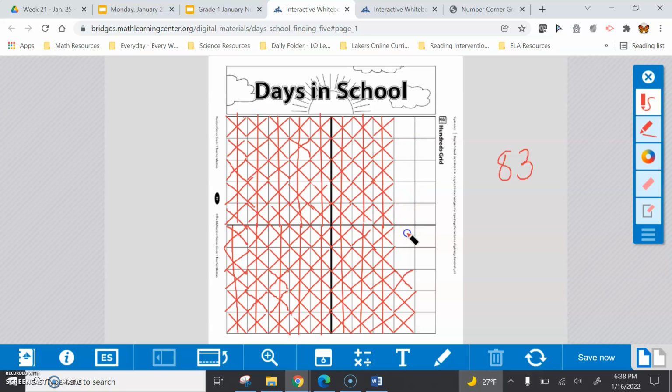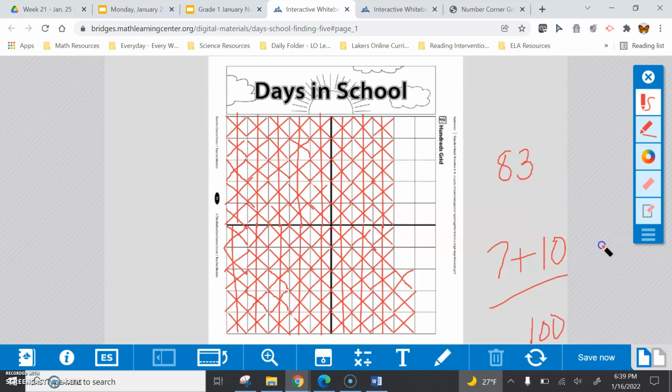And then we have 5 more up here. So that's 7 all together. 7 more would make 90. And then if we have another 10, it would be 100. So really we'd have 7 plus 10 more days to add to this 83 before we made it to 100.